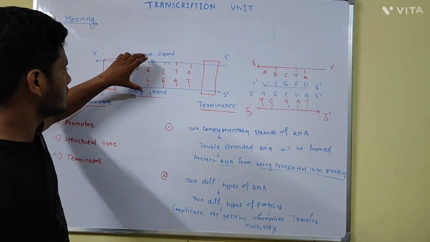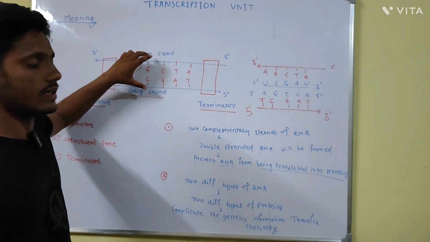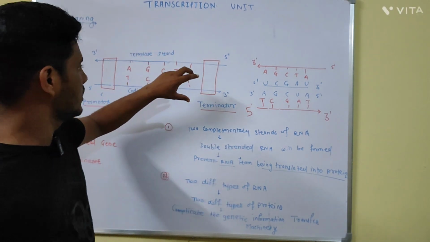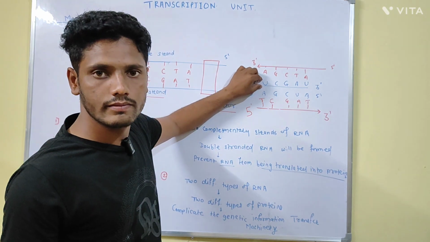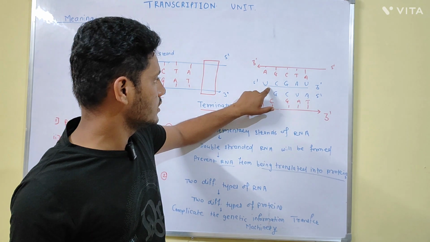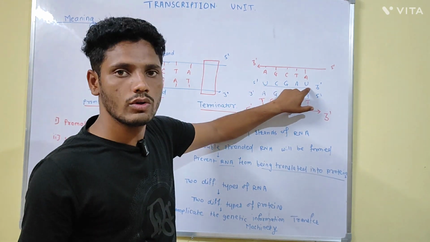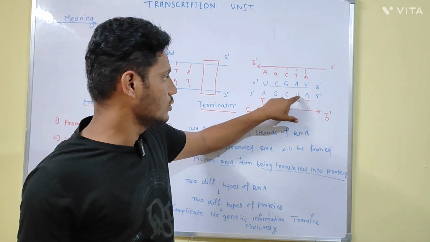Second complication: this is the segment of the DNA which is undergoing the transcription process. Now this segment of the DNA is producing two different types of RNA. It is producing the RNA having the sequence UCGAU, and another strand having the sequence AGCUA.